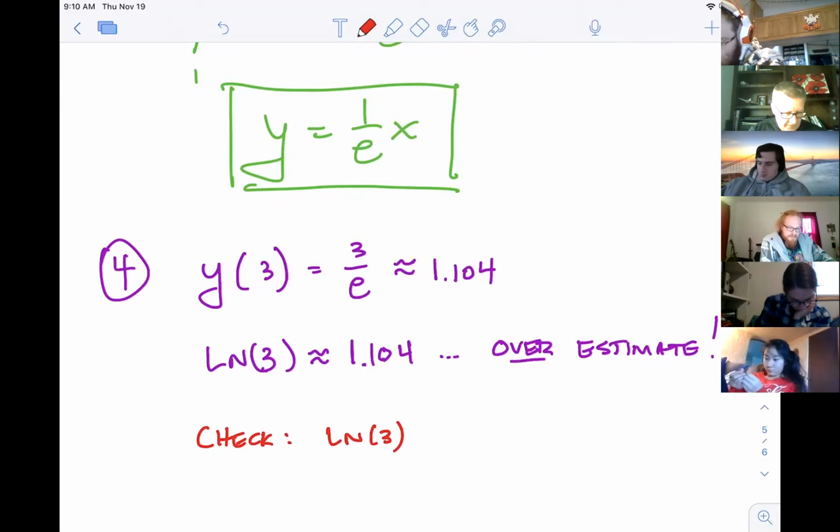Lovely math waiting for you down the road if you choose to stay the course. I got 1.099. Sure enough, it's really close. It's 5/1000ths off. And the purple indeed was an overestimate. That is amazing that that worked so well.